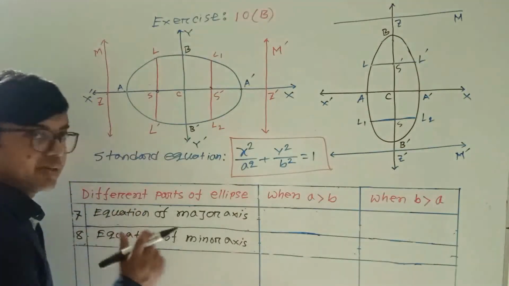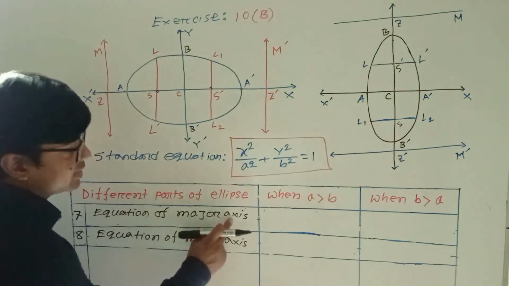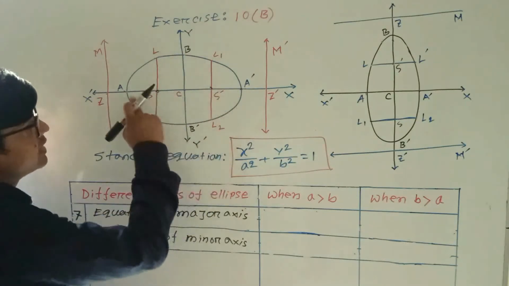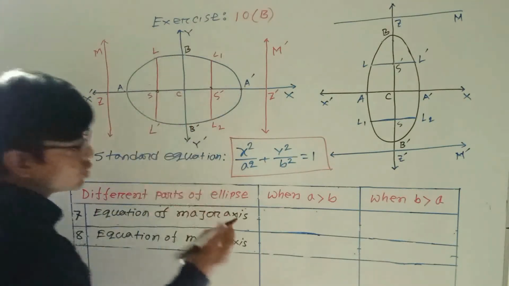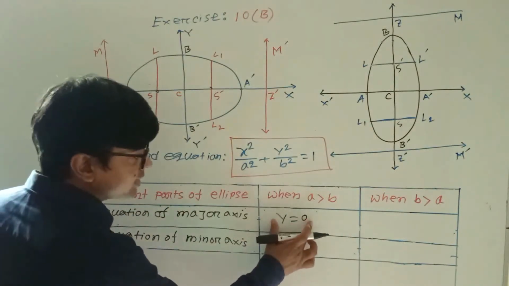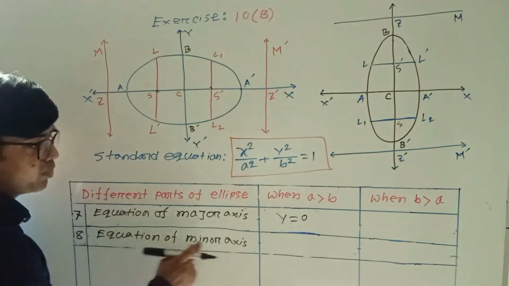Now formula number 7, equation of major axis. Look at the figure. Here the major axis A A prime is on the x-axis, that's why y equals 0. This is the equation of major axis, and here equation of minor axis.